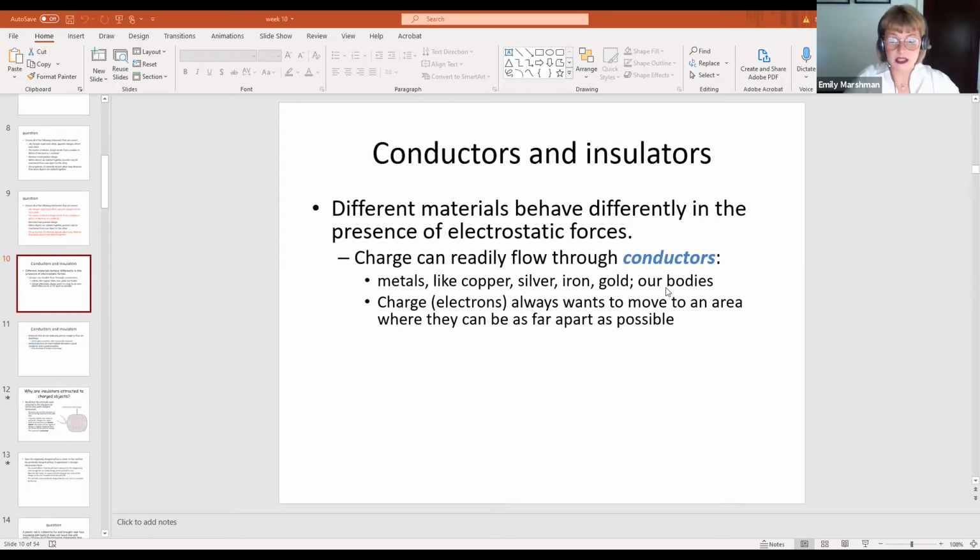Even our bodies are good conductors of electricity. So if I place some excess charge onto a conductor, it's going to flow through that conductor very easily. And the excess charge, or those electrons that I place on a conductor, always want to move to an area where they can be as far apart as possible.